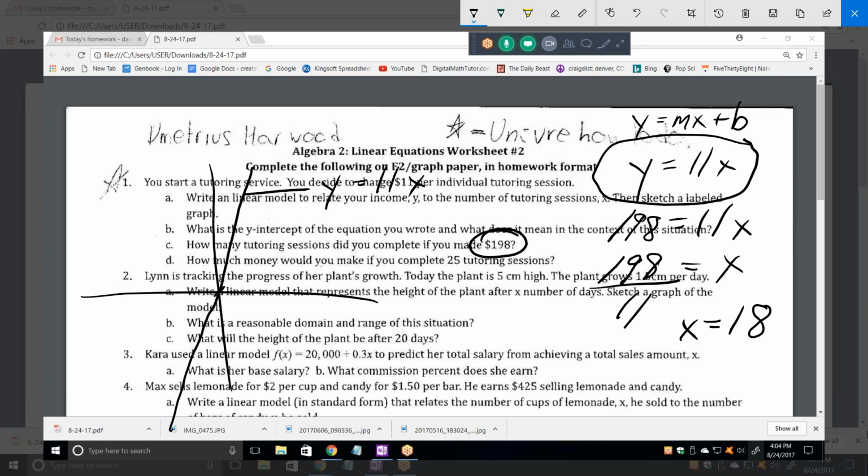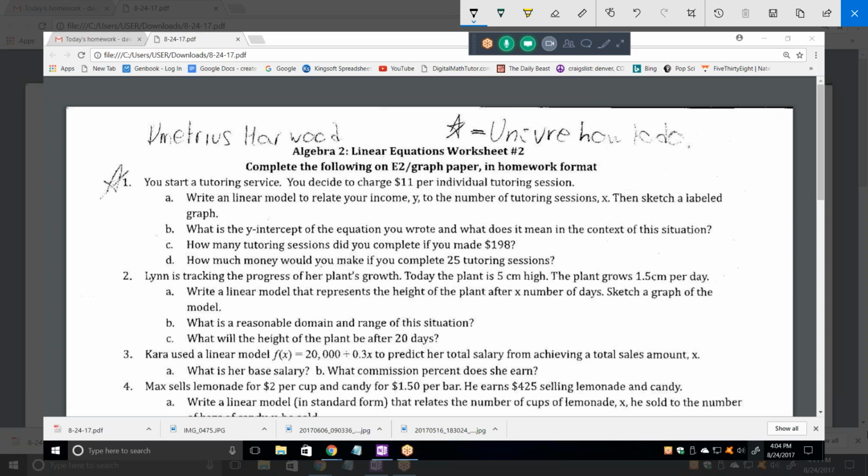We couldn't figure that out without writing the equation out and substituting 198 for income. Then we could solve for x, but only after we did all that other stuff. Okay. And this again, y equals 11x, is the equation that fits.